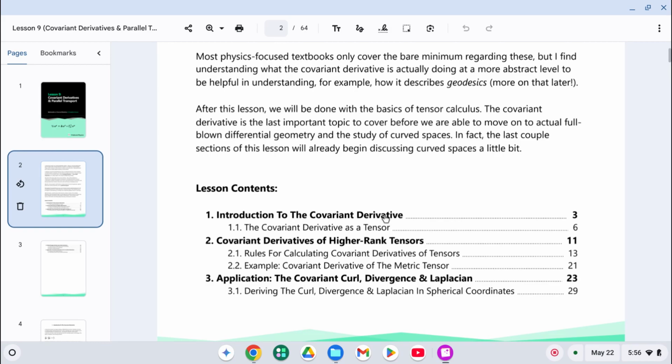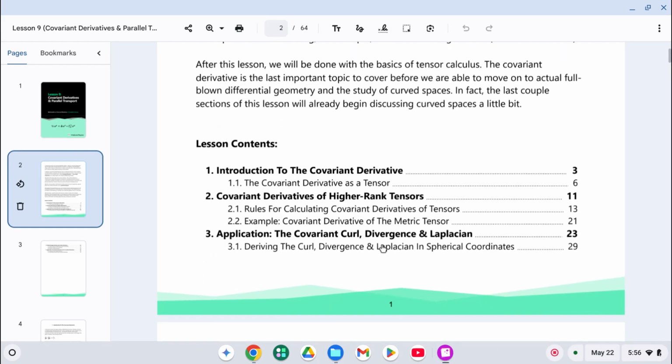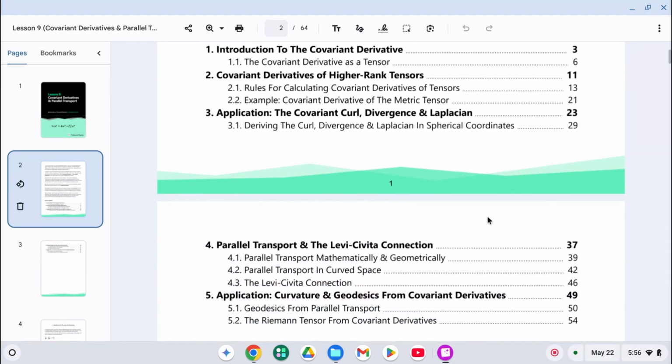But he starts at the beginning. He goes through, he has some applications here, which are excellent. And he goes all the way up to the parallel transport, which was the concept originally, how Riemannian geometry came into life, was through this. Okay? And then he does some applications here. He's got the geodesics and the last one, the Riemann tensor from covariant derivatives. Let's look at that one specifically.